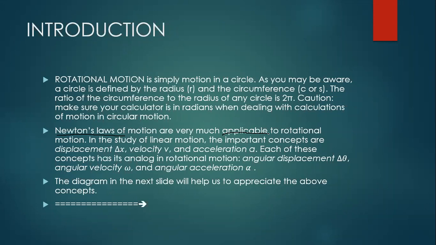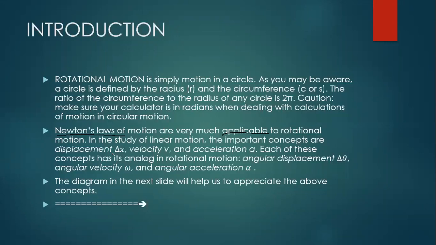Now, since we are so much used to linear motion, I have some parameters that I've written out, which you are familiar with in linear motion. Linear is synonymous with straight.